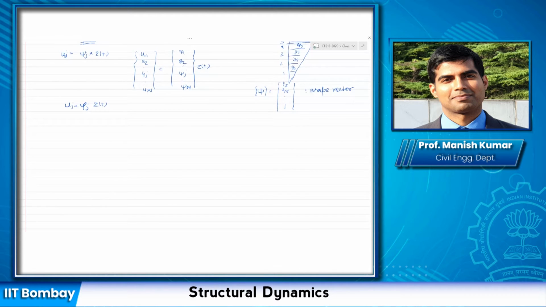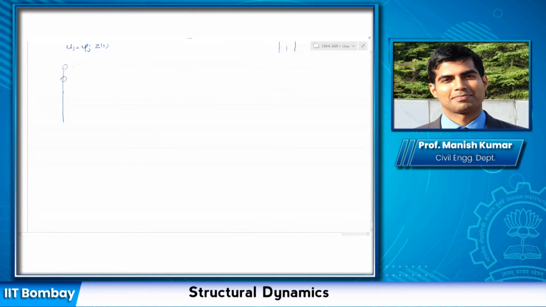To get that, let us first consider this building here. Let me redraw it again. I have approximated this building as multiple levels, something like this. I'm saying that it is going to deflect somewhat like this, similar to what we had done.